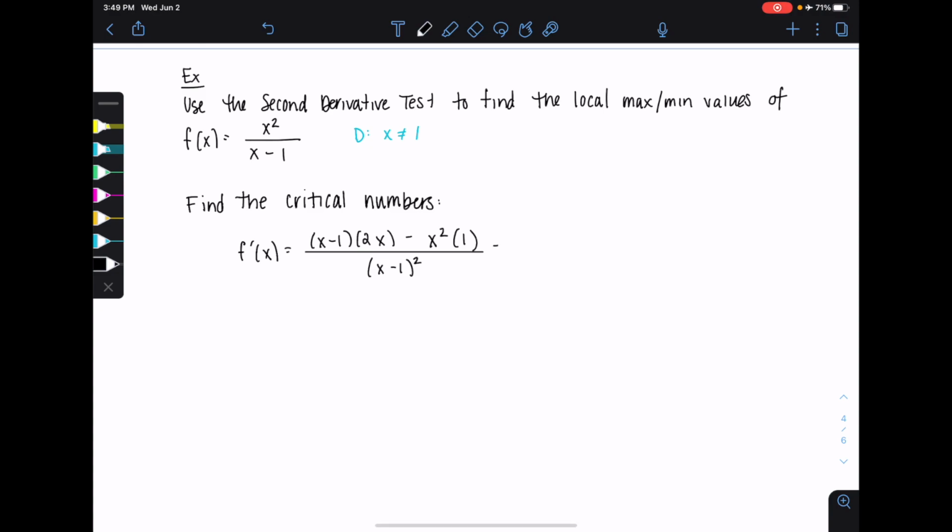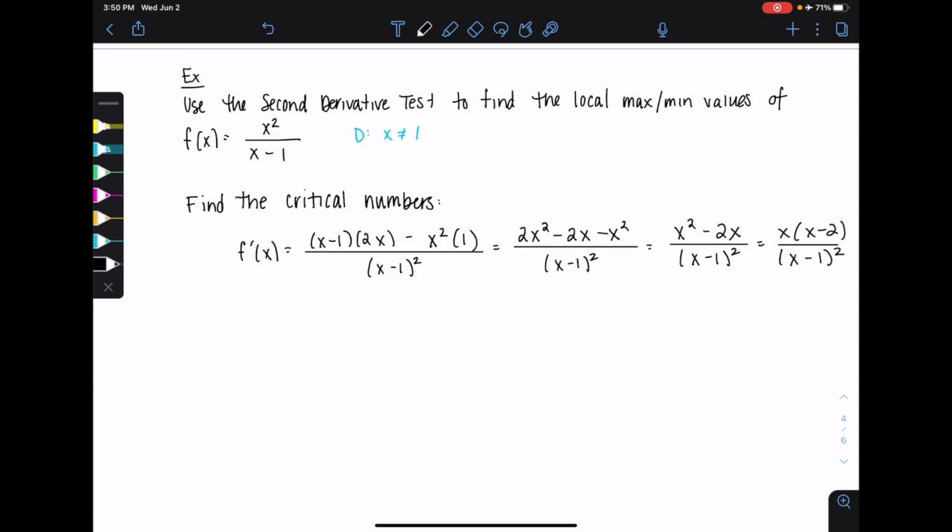So cleaning that up a bit, that's 2x squared minus 2x minus x squared over x minus 1 squared, which is x squared minus 2x over x minus 1 squared. Or you can factor that out really nicely as x times x minus 2 divided by x minus 1 squared.